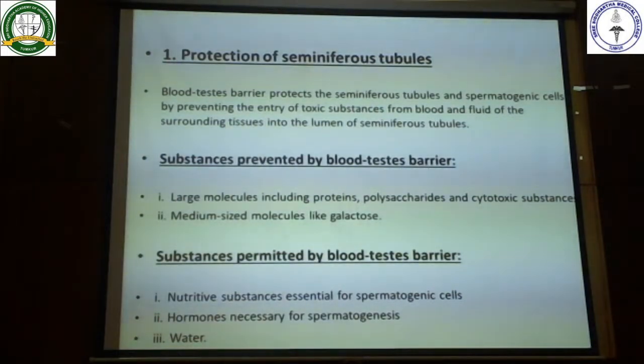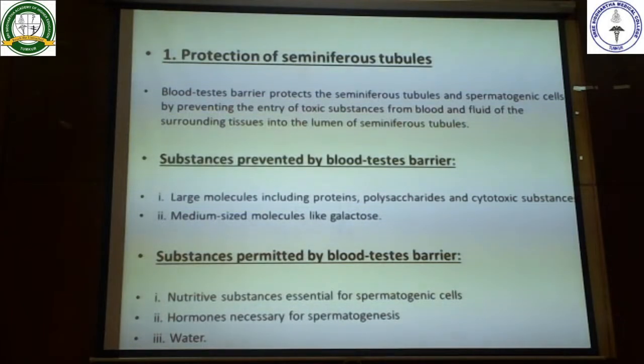The blood-testis barrier protects the seminiferous tubules and the spermatogenic cells by preventing the entry of toxic substances from the blood and the fluid of the surrounding tissue into the lumen of the seminiferous tubules.